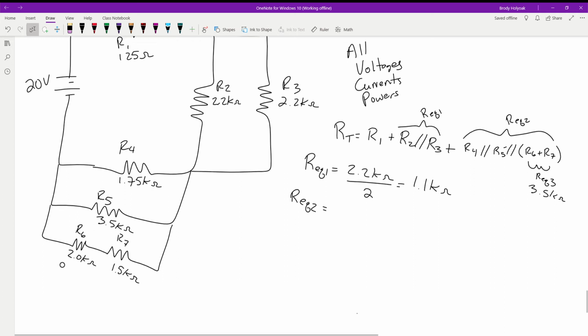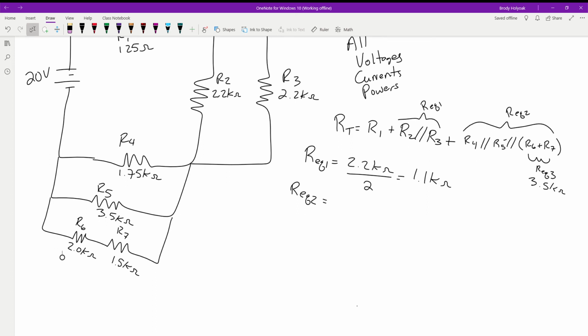So in this case, because we have two 3.5 kiloohm resistors, again, we can apply this method. If we have the same value, we divide by that number, and that's going to take all those similar ones out. So we'll combine these guys together, and that's going to give us a 1.75K ohm.